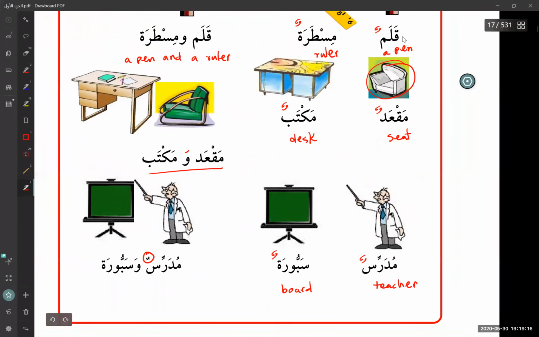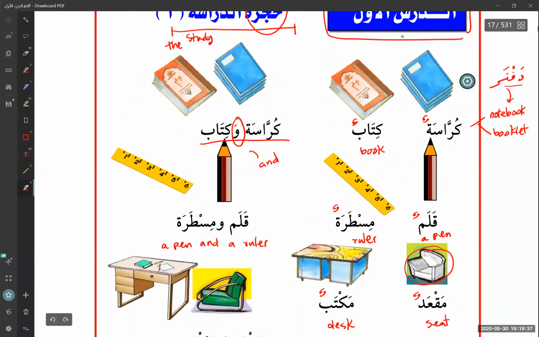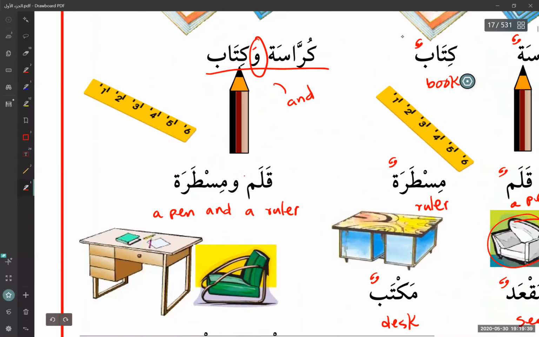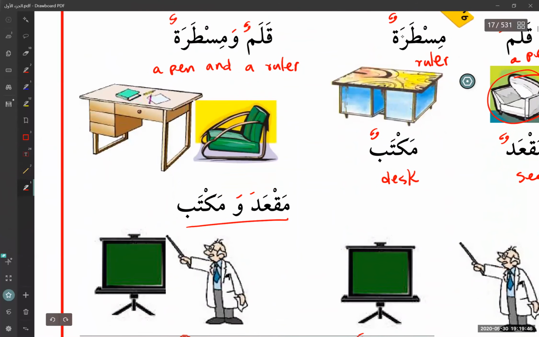So you can say it with or without the dhamma at this point. But something that you should know is that when the word is standing by itself, by default, every noun will have a tanween of dhamma. Same thing can be applied here. Qalamun wa mistaratun. Maqadun wa maktabun.